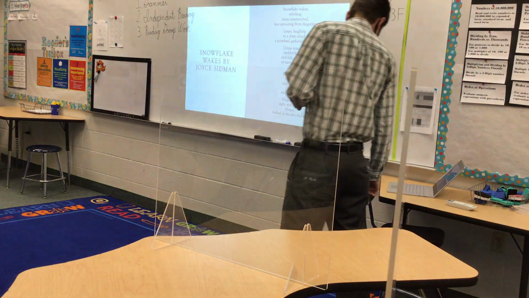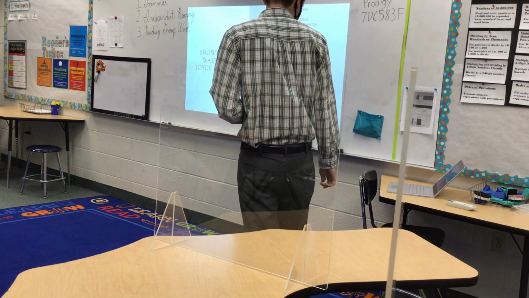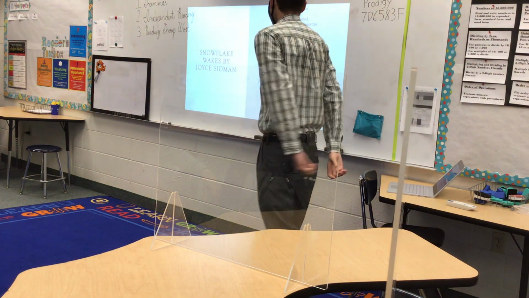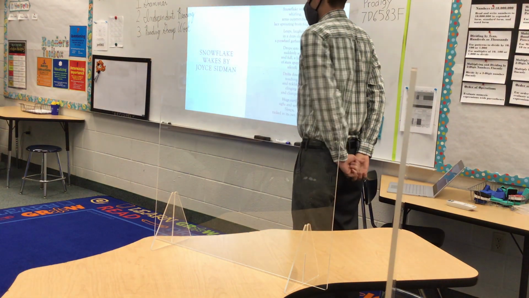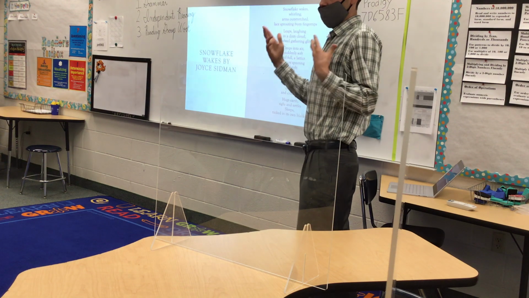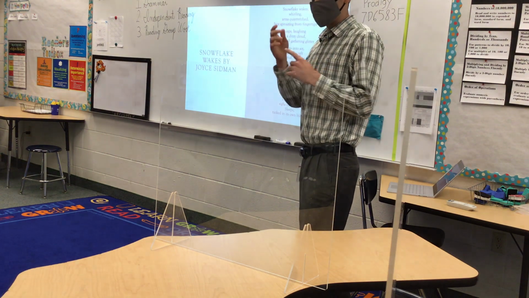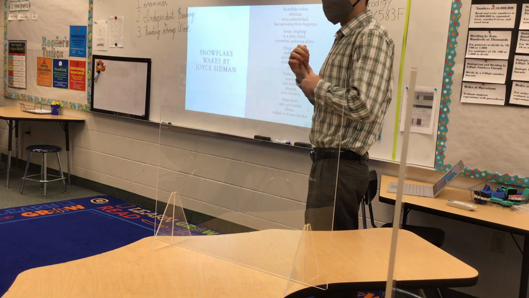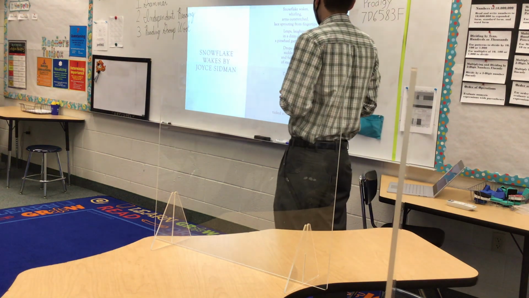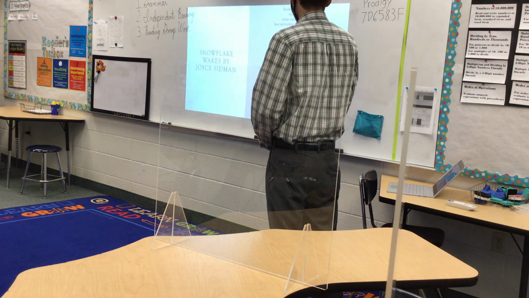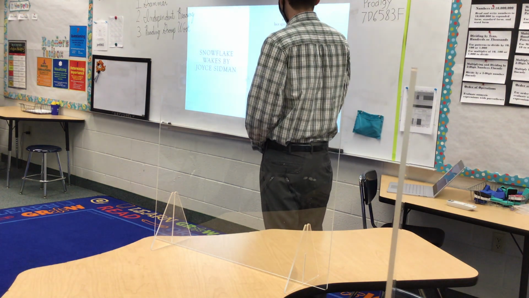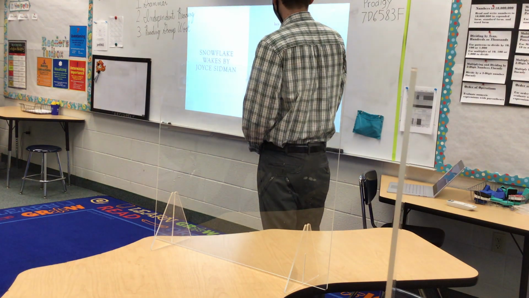So looking at Snowflake Wakes by Joyce Sidman. I'm going to read through this, and you're going to think about alliteration and assonance as I do this, all right? Snowflake wakes, whirling, arms outstretched, lace sprouting from fingertips.